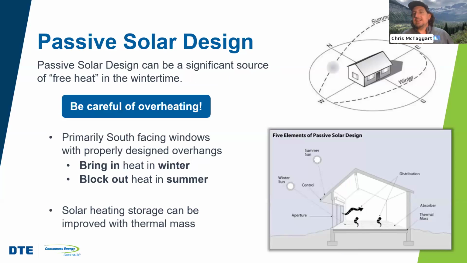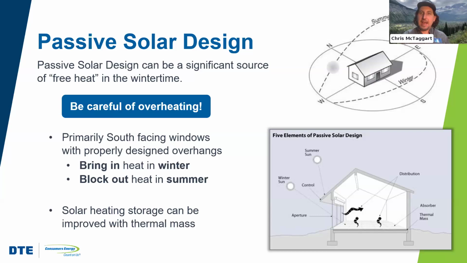Passive solar design, again, is the optimization of window area, overhangs, and solar heat gain coefficient, usually tied to the south of the building. So you can bring in some beneficial heat in the winter and then block it out in the summer with appropriate overhangs. You can also store some of that solar heat in things like thermal mass.